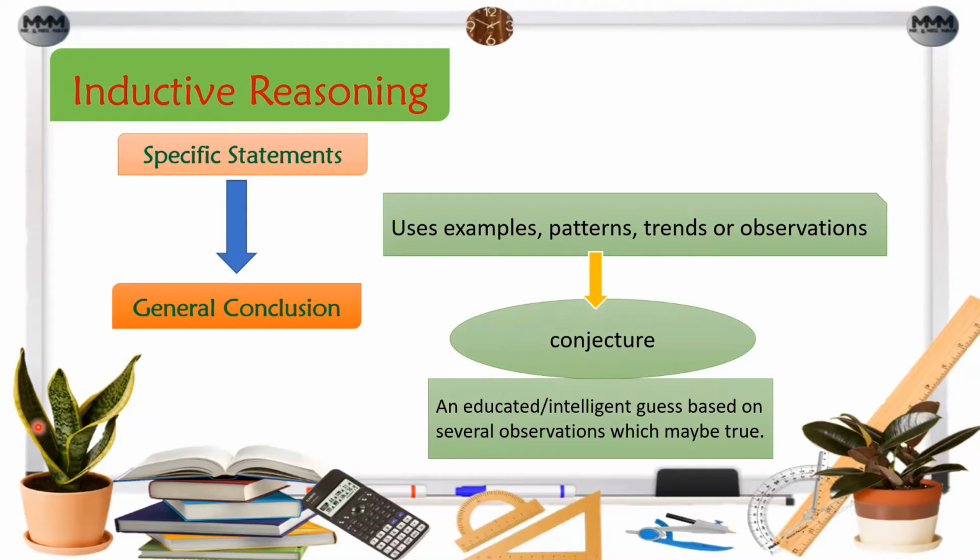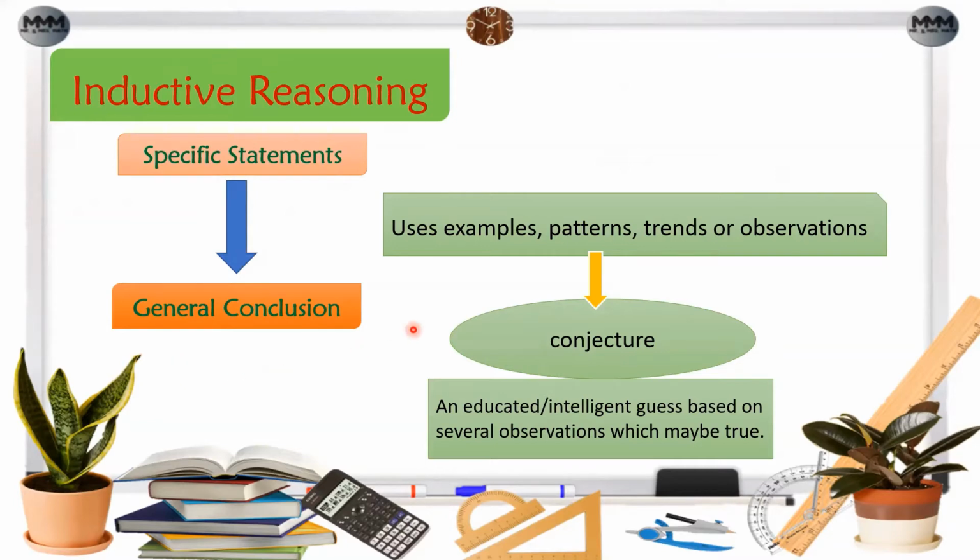A conjecture is an educated or intelligent guess based on several observations which may be true. Now take note here in inductive reasoning, because you are only relying on specific statements to arrive at a general conclusion. You observe patterns, trends, or observations, and then you can formulate a general conclusion.